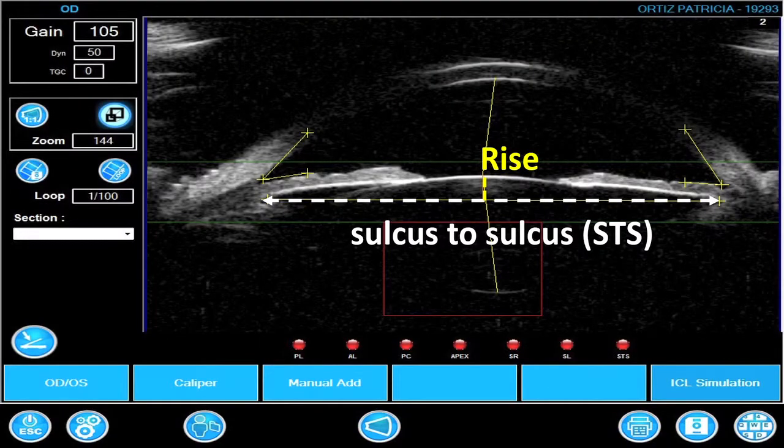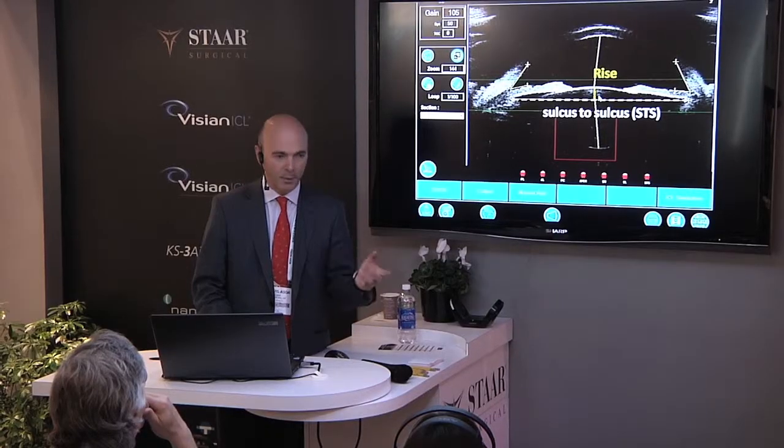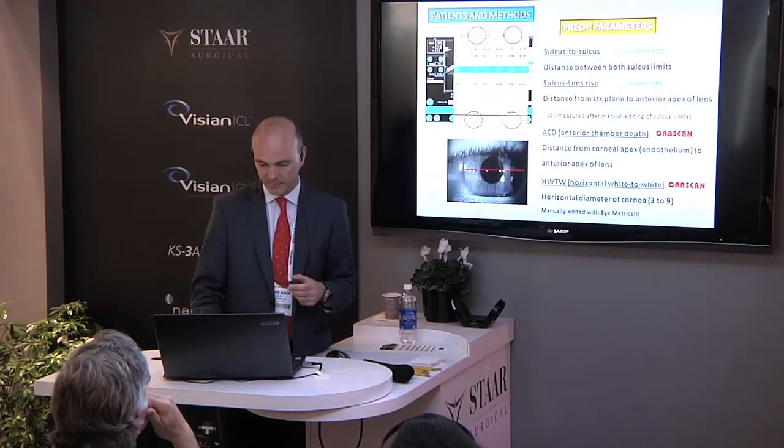So the final number is the average of 20 measurements, so you can quite trust that number. So this is the sulcus to sulcus, and this is the rise. The rise is the distance, as I've told you, from the sulcus to sulcus plane to the apex of the lens. And I repeat, this is as important as the sulcus to sulcus.